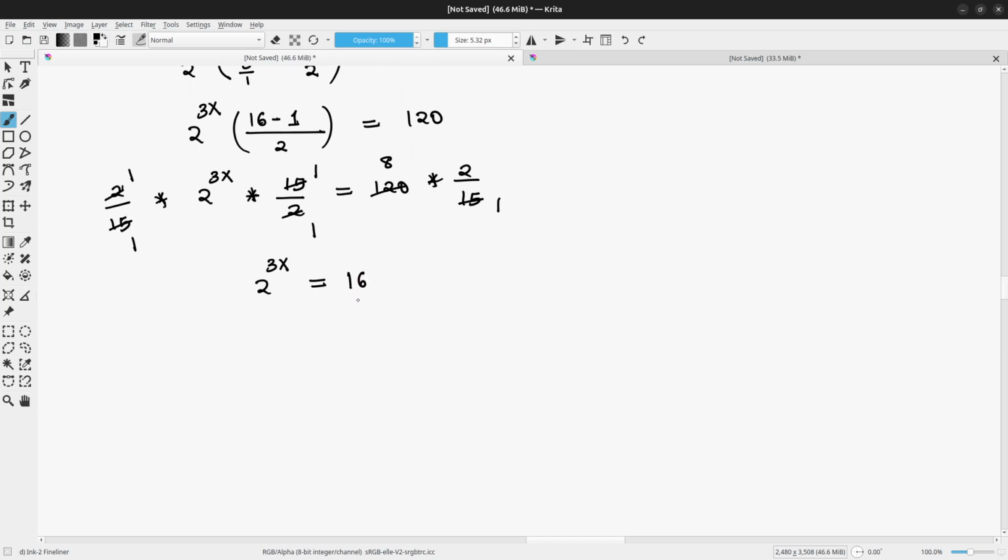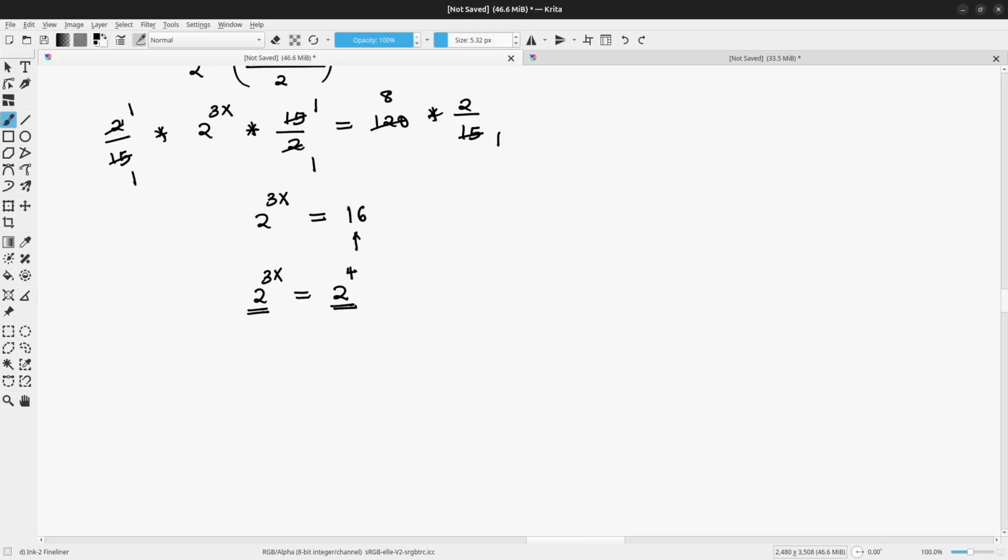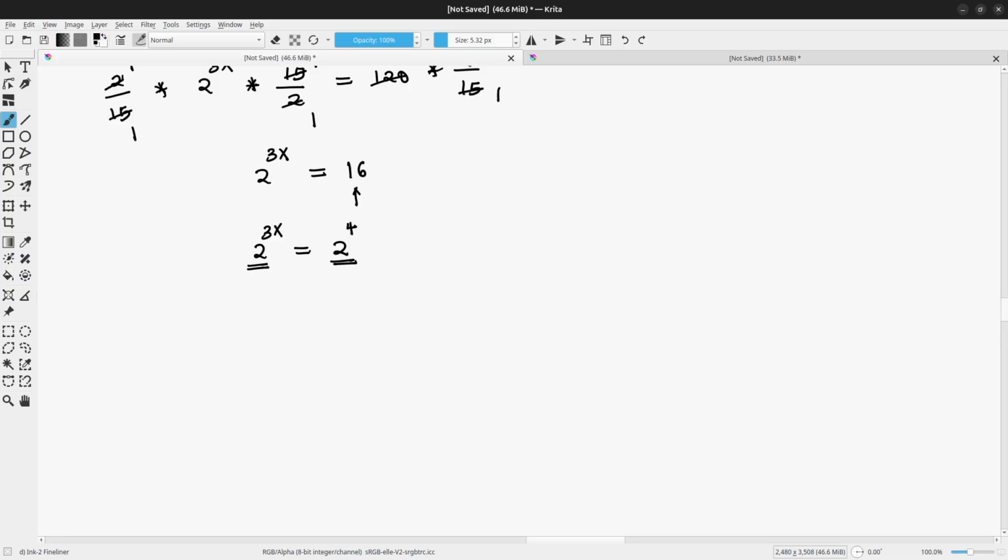And then notice that you can rewrite this 16 in terms of 2 to the power of something. So 2 to the power of 3x is equal to 16, which is the same as 2 to the power of 4. At this point, you notice that the bases are the same. When the bases are the same, it means the powers are also the same. So we equate the powers. So this means 3x is equal to 4.